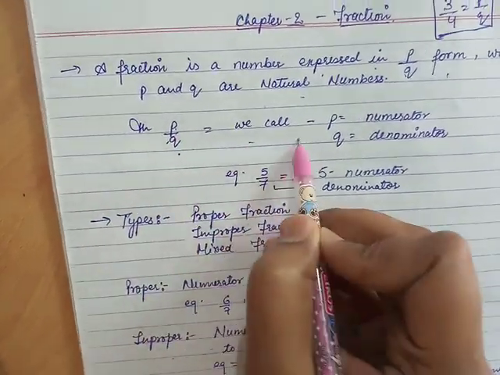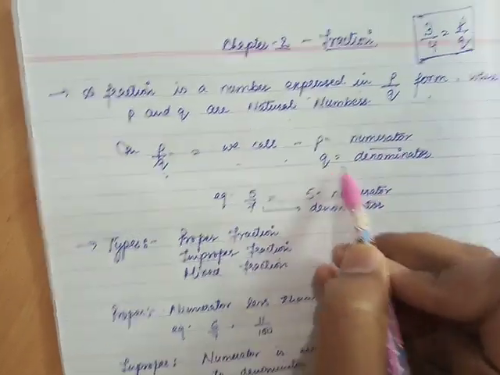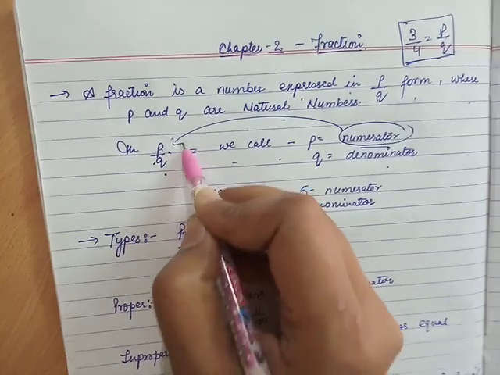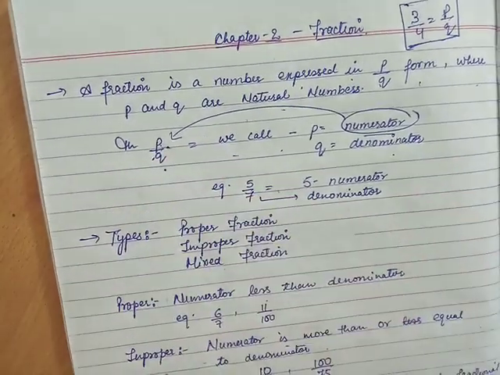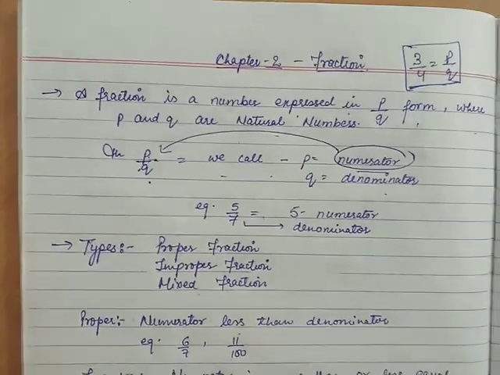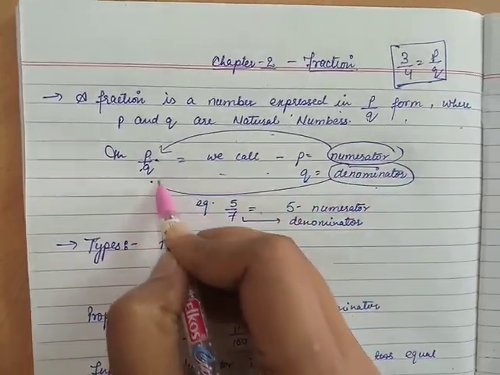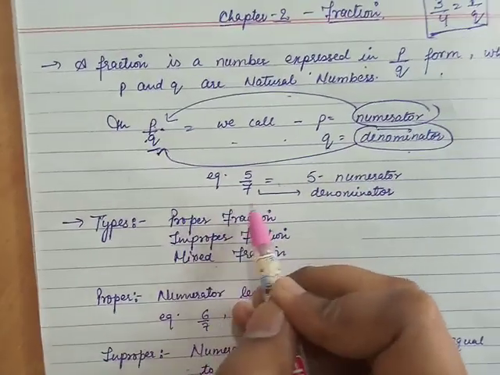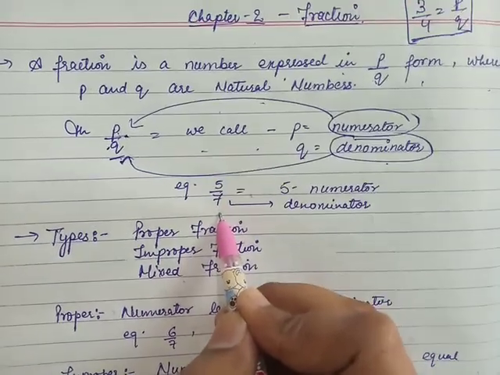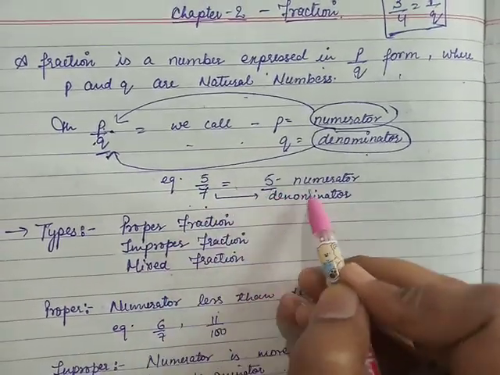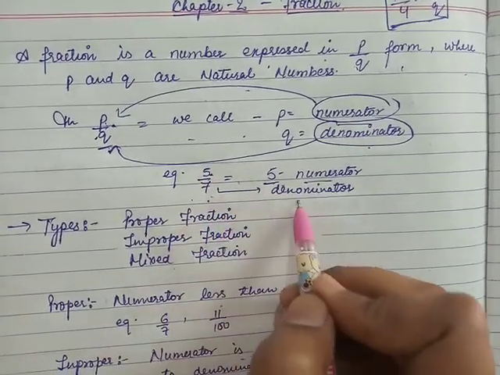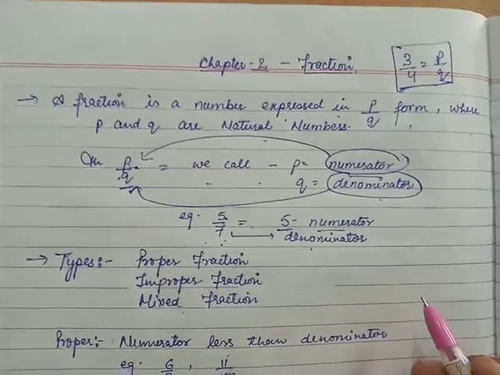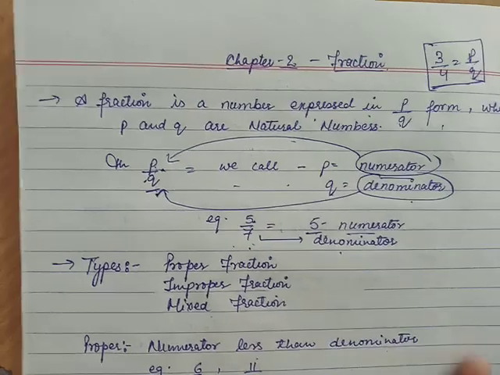In p by q, we call p the numerator and q the denominator. The numerator is the number in the upper portion of the fraction and the denominator is the lower portion. Taking an example, 5 by 7 is given. In this, 5 is the numerator and 7 is the denominator. So any number written in the form of p by q is a fraction.